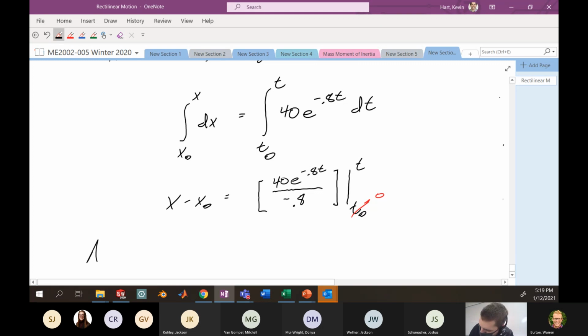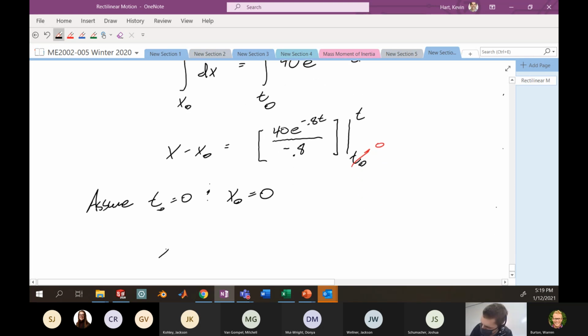Okay. Here we'll make another assumption, that our initial position is 0. And so finally my expression will become, okay, so that's plugging in my upper bound here. And don't forget I have to subtract the contribution for when this t0 equals 0. So I have to plug 0 in here. E to the 0 is not 0, it is 1.